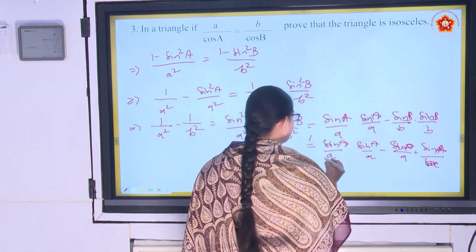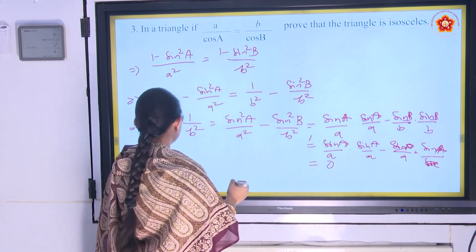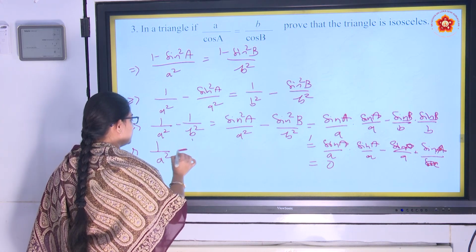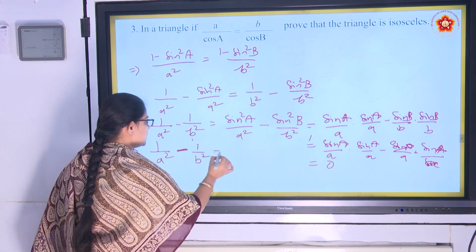So this is 0, right? So we have 1 by A square minus 1 by B square is equal to 0.